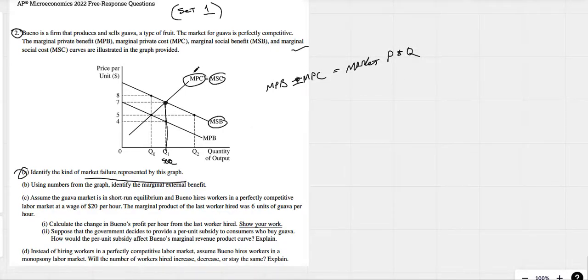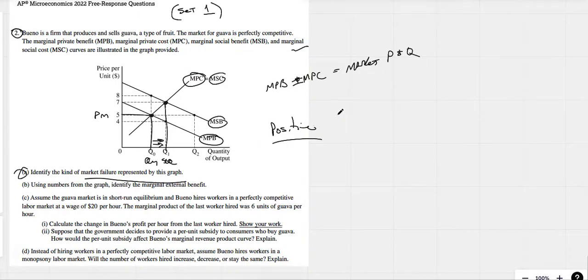Let's call it QM, and that's the price of the market, PM. I can see that our socially optimal quantity is greater than QM, what the market is producing right now. So I know it's a positive externality. In essence, we want more of this good.